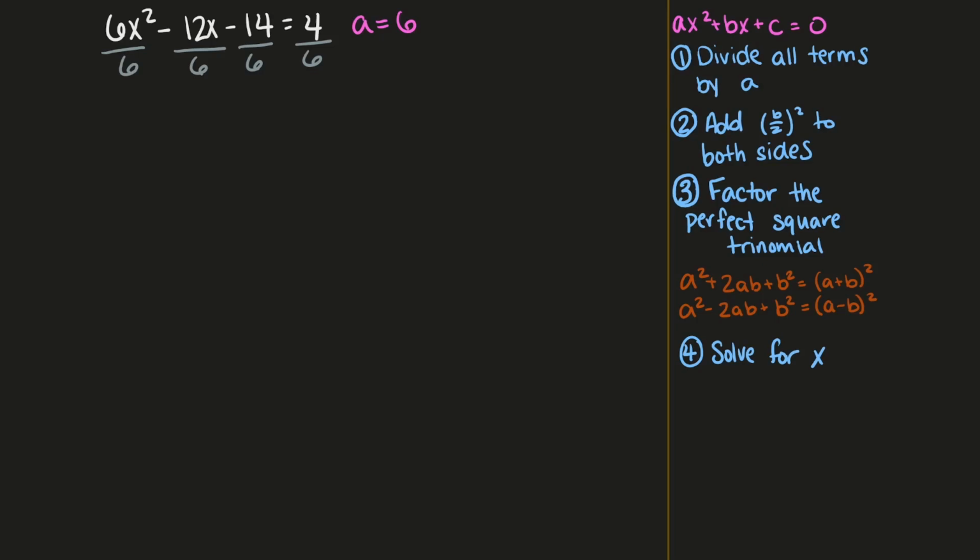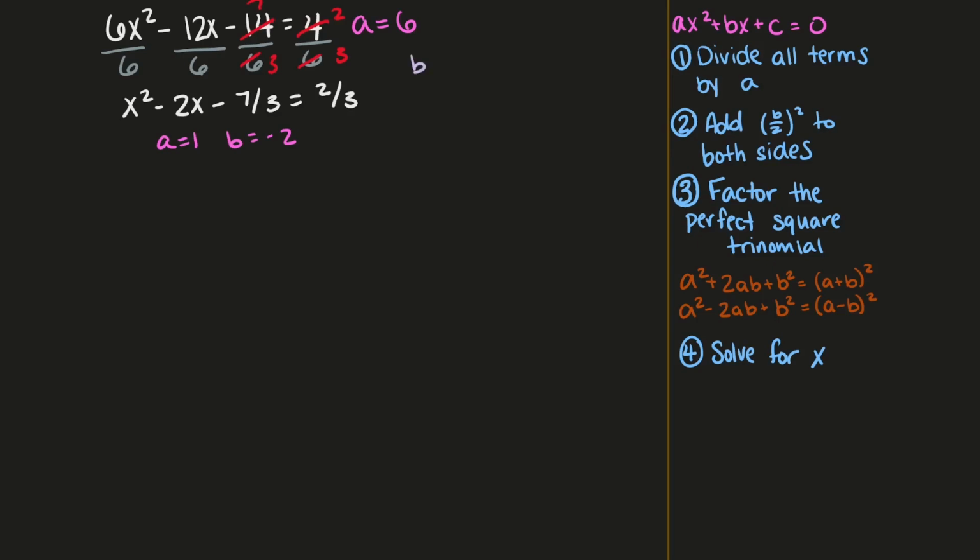So that gives us x squared minus 2x minus 14 over 6, which can be simplified to 7 over 3, so minus 7/3, equals, and 4 over 6 can be simplified to 2 over 3. Now, our a is 1 and our b is negative 2.